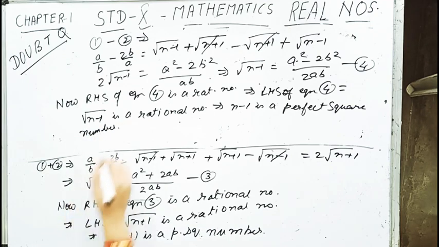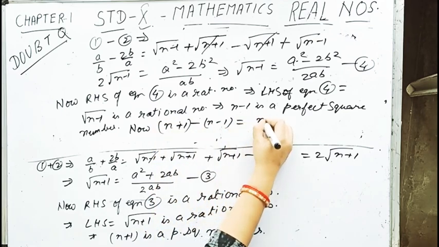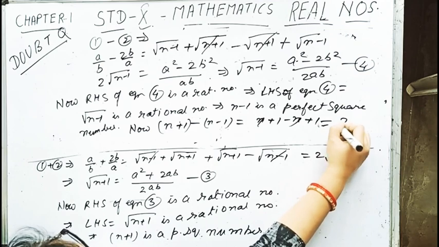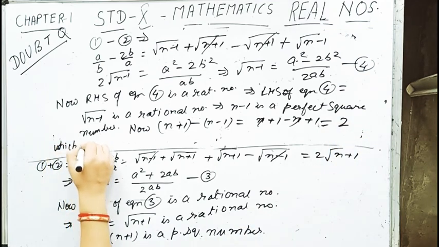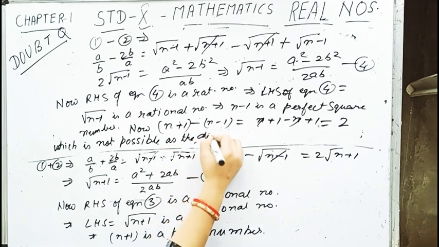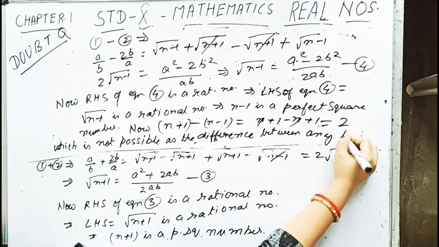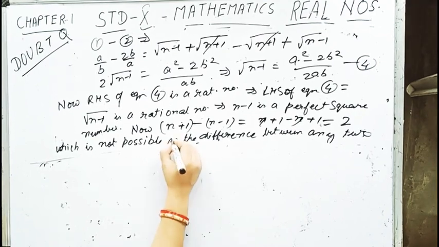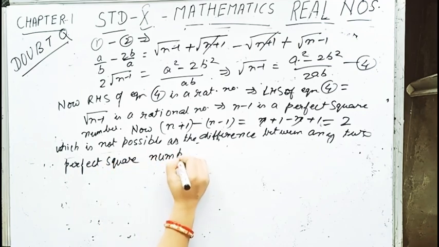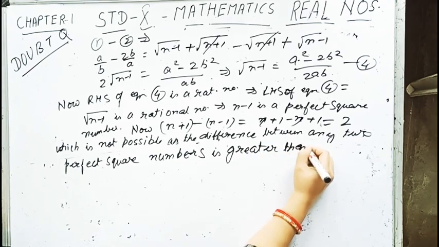Now (n+1) − (n−1) = n + 1 − n + 1 = 2, which is not possible, as the difference between any two perfect square numbers is greater than 2.